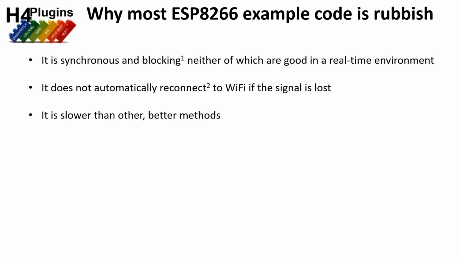It's a Wi-Fi device. Wi-Fi happens in real time. So deliberately choosing code that doesn't match the kind of temporal model of what it's trying to monitor is inherently a bad idea. However, I accept that that is a bit of a purist argument.